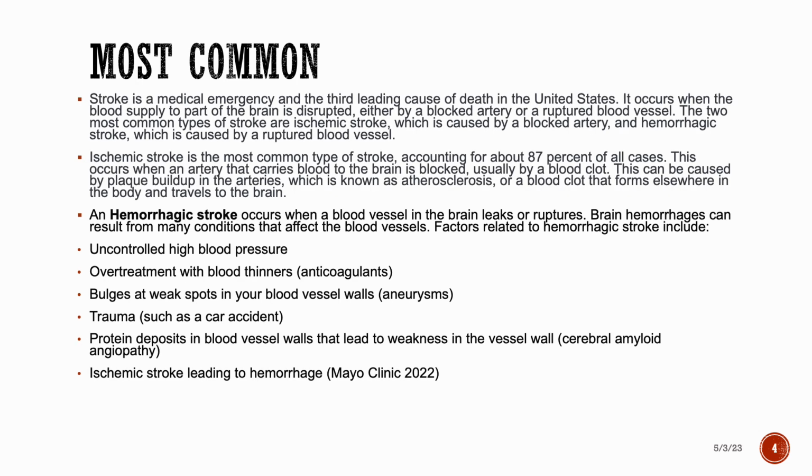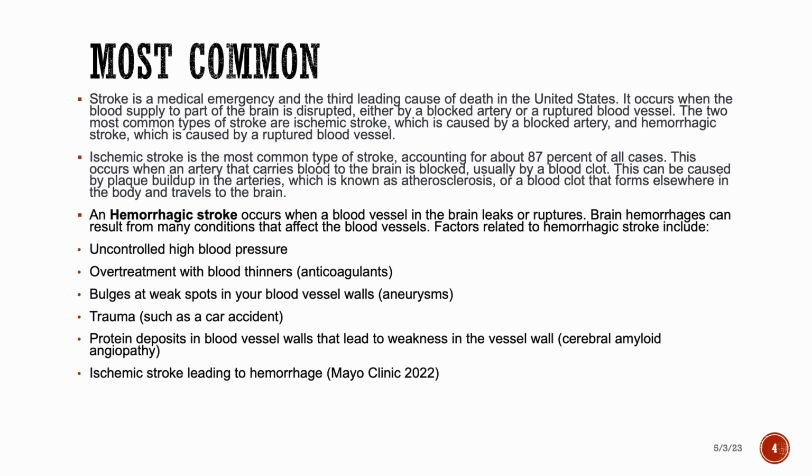This slide talks about the most common strokes. Ischemic stroke is the most common type of stroke, accounting for about 87% of all cases. This occurs when the arteries that carry blood to the brain are blocked, usually by a blood clot. The next one is the hemorrhagic stroke, which occurs when the blood vessels in the brain leak or rupture.